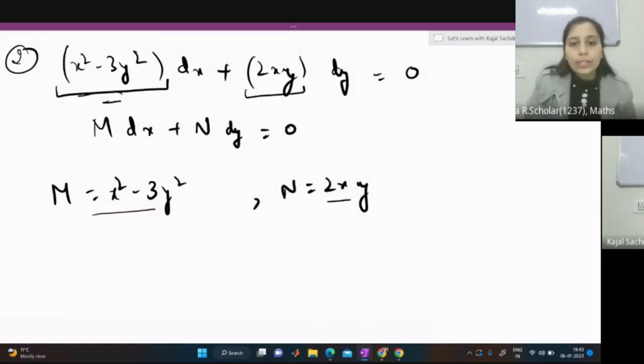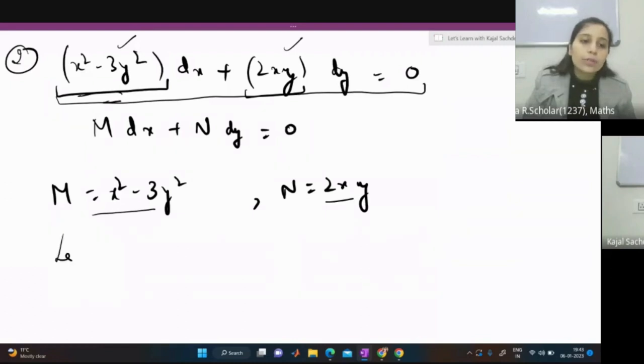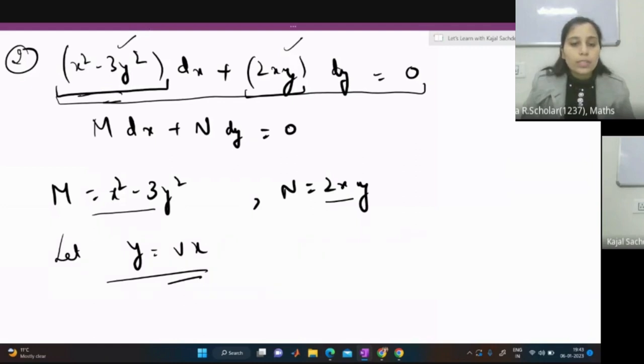Both are of degree 2 and homogeneous functions of the same degree. So we can say that the given equation is a homogeneous equation. Now we just have to substitute y is equal to vx in this equation. This is the procedure for getting the solution of this equation.